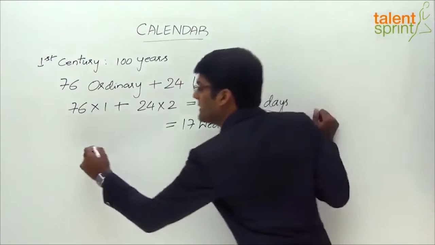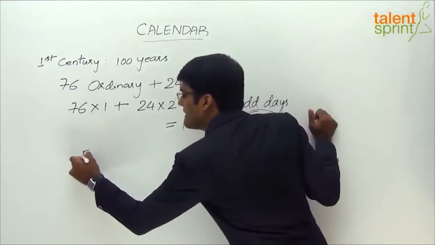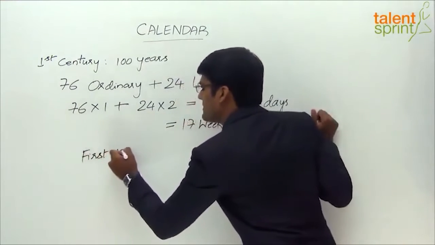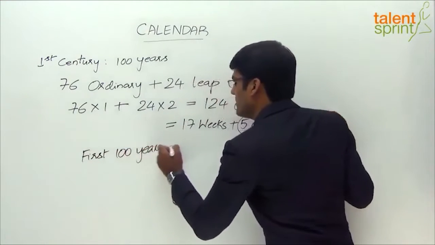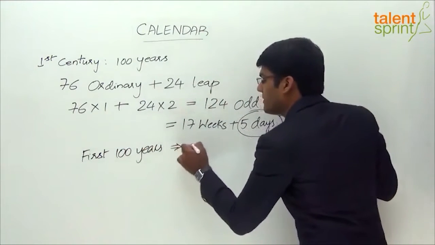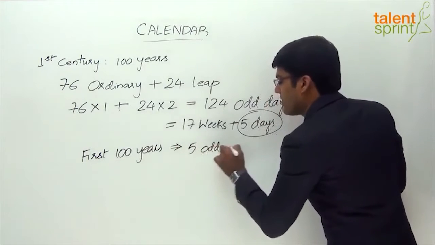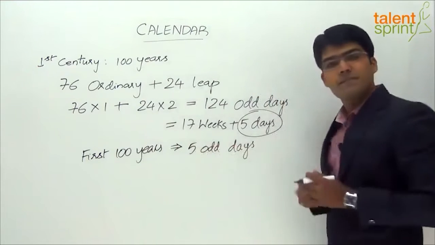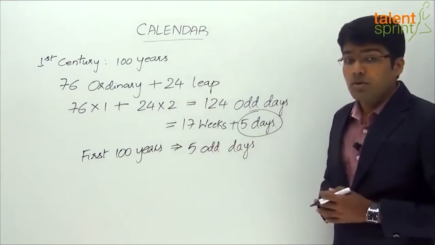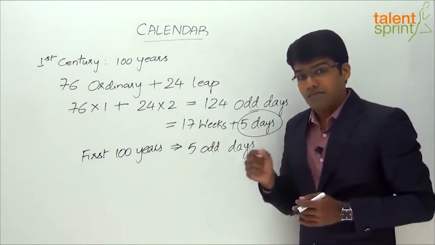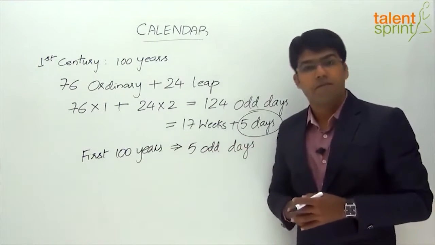So clearly in the first century, or for the first 100 years, there were 5 odd days. Now we know that the number 5 in terms of odd days represents a Friday.